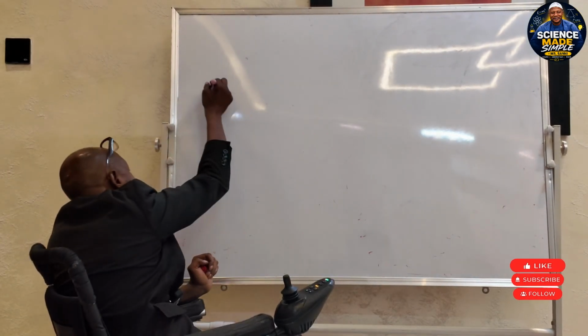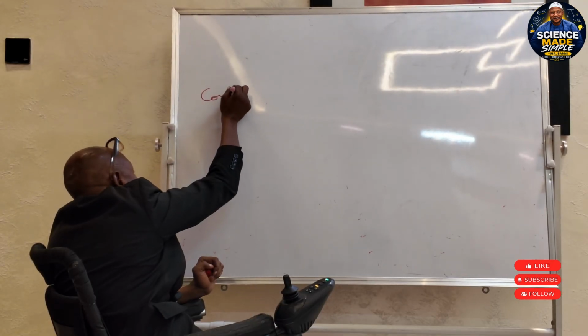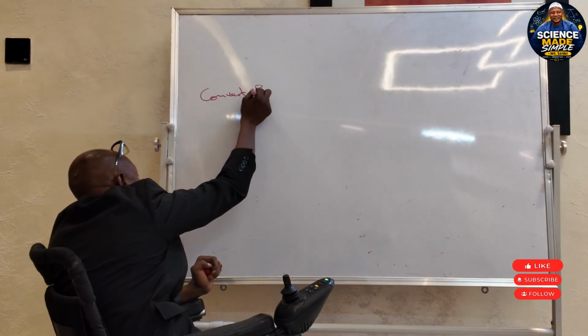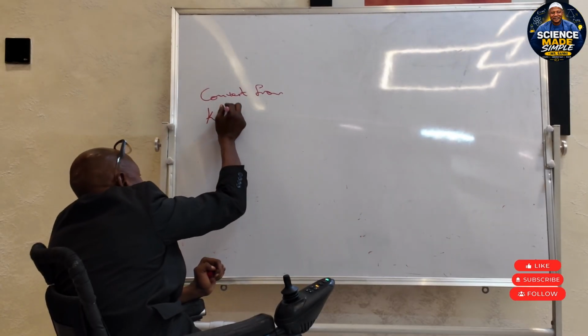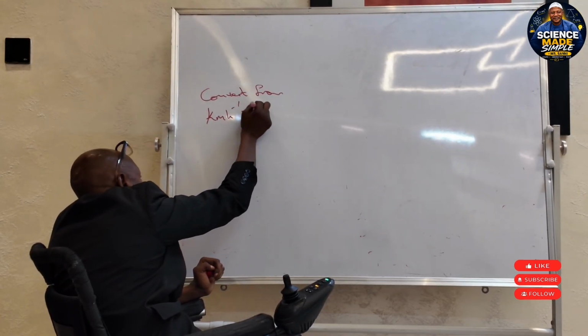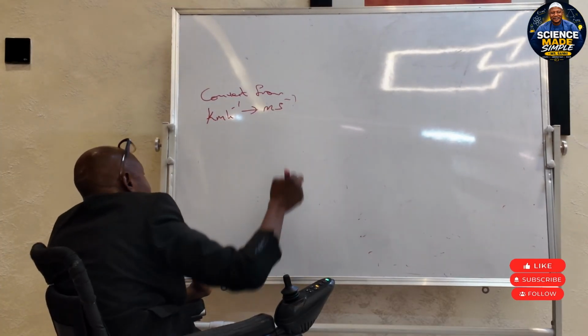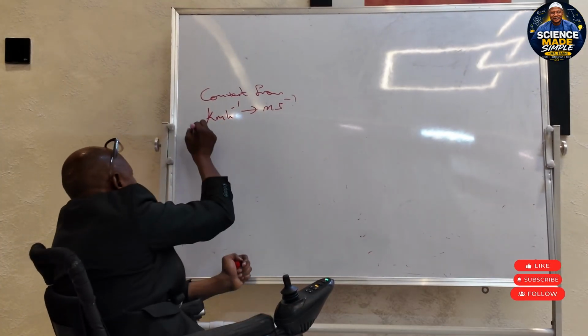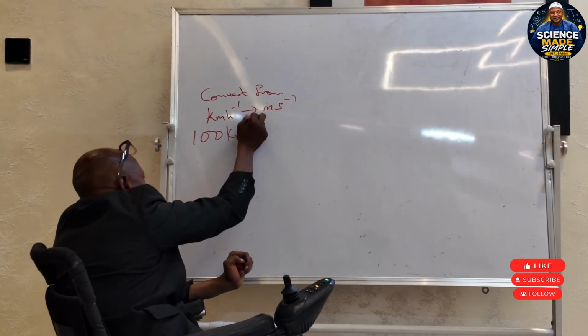Let me teach you how to convert from kilometer per hour to meter per second. Let's say we have 100 kilometer per hour.